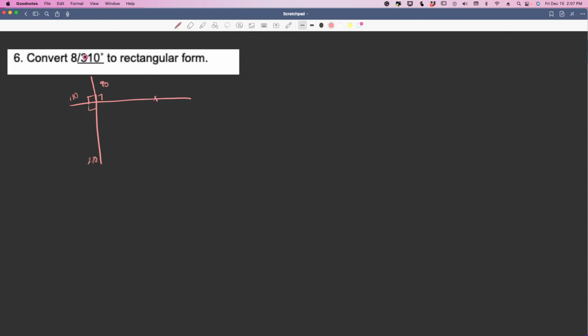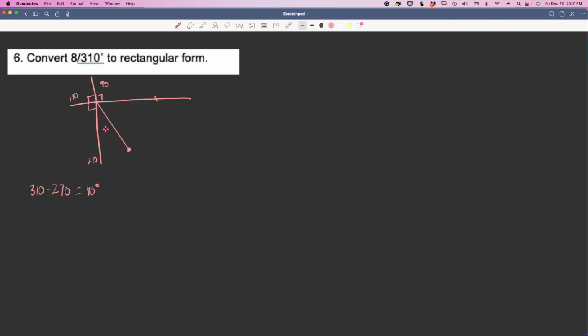So that 310 lives somewhere in here. We have to find out where. So 310 minus 270 is equal to 40 degrees. So at the 40 degree mark, from here to here, 40 degrees, about right there maybe, that's our vector.